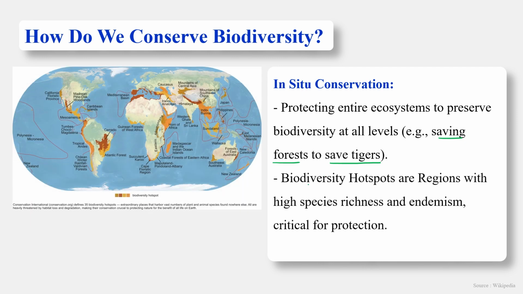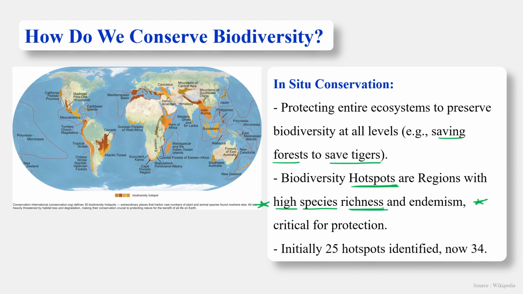Okay, biodiversity hotspots. What are hotspots? These hotspots are regions with high species richness and endemism. These are critical for protecting.